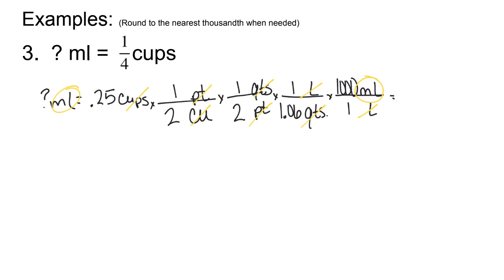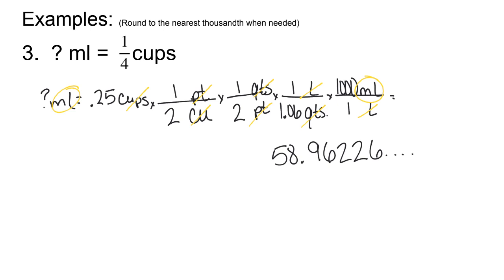Get that answer, and then we're going to divide by 2, divide by 2, and divide by 1.06. On my calculator, I'm getting 58.9622 and a whole bunch of stuff after it.